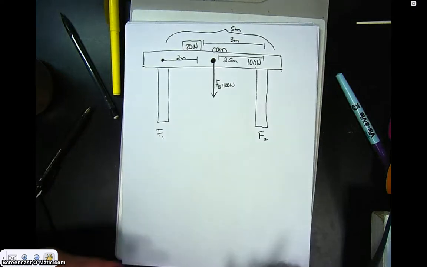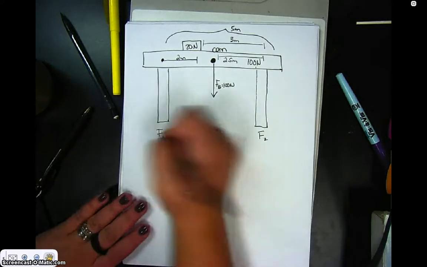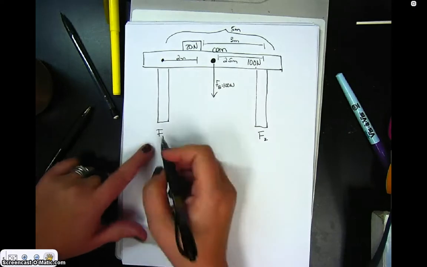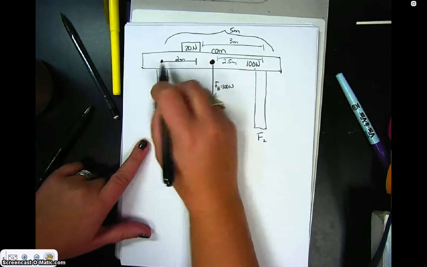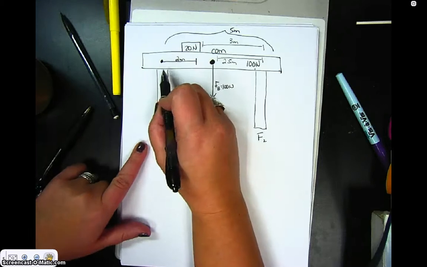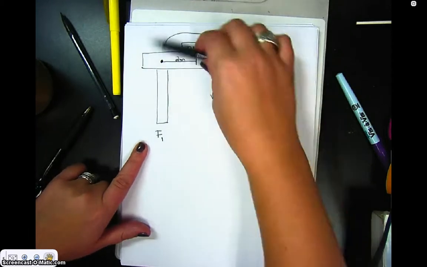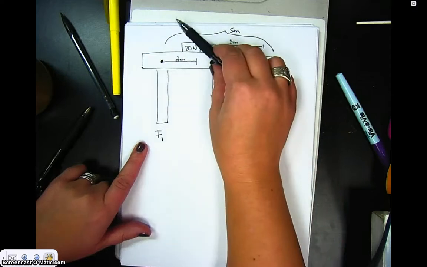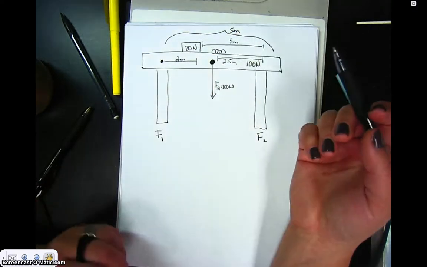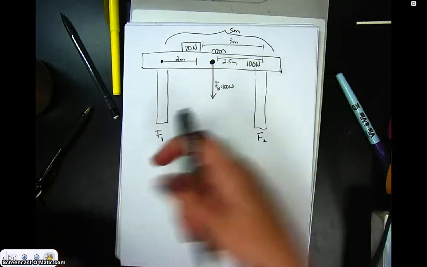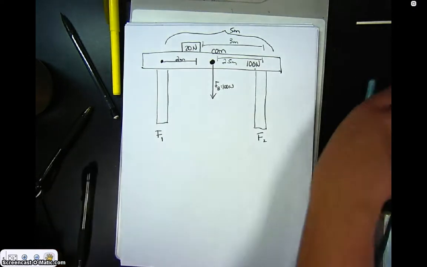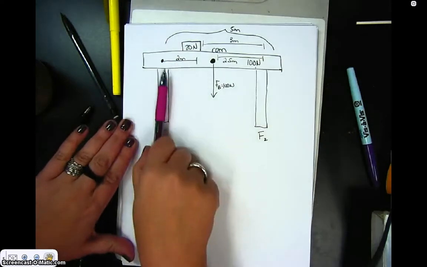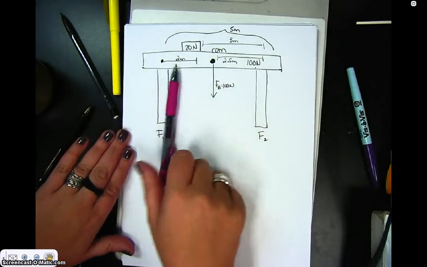All right, so let's start with one side. Let's start with force 1 over here. We want to know what force 1 is, or what force this leg is exerting on this table, keeping it from falling. Everything that's pushing down in this direction must be equivalent to how much force, or torque, this is applying in order to hold the table up. So we need to figure out what our point of rotation is. All you're going to do is look and see, if you were to push up with this leg, where would the table rotate about?